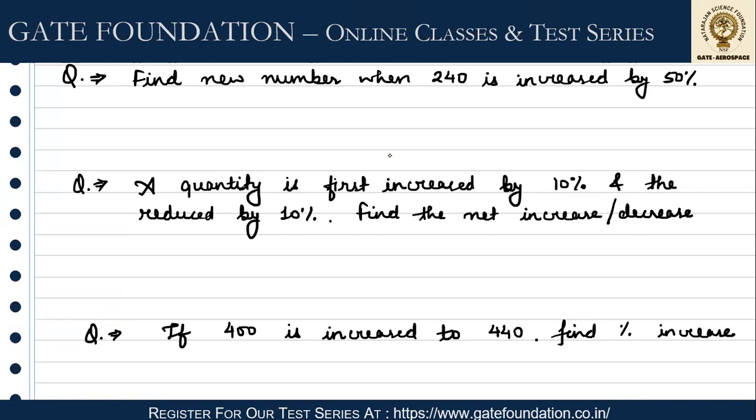Yes, I'll give you 2 minutes to try, and then we'll check out the correct answers. So first one is 360. Okay, good. Second is decrease of 1%, net decrease of 1%. Okay, and third one is 10%.